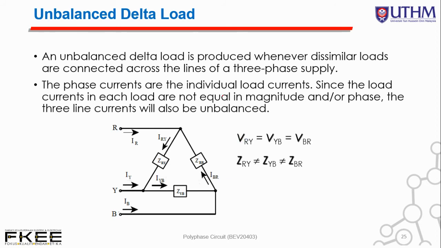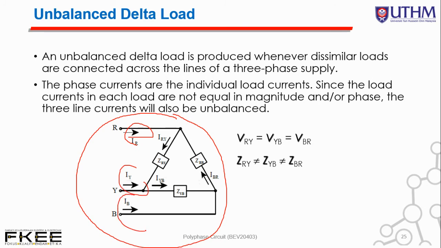So for the unbalanced delta load, just like the balanced delta load, you should have a similar configuration over here, where you have your R phase, Y phase, B phase, as well as the line current, and then you have the phase currents IRY, IYB as well as IBR. In the beginning, we have the VRY, coming from the generation, the source.